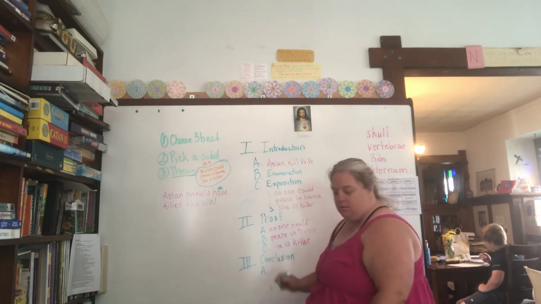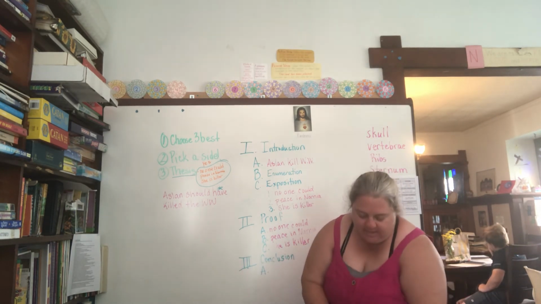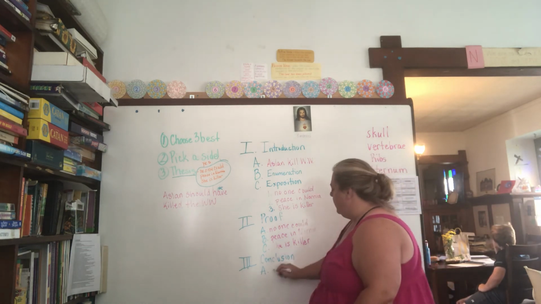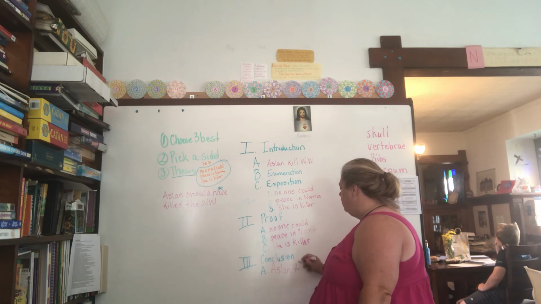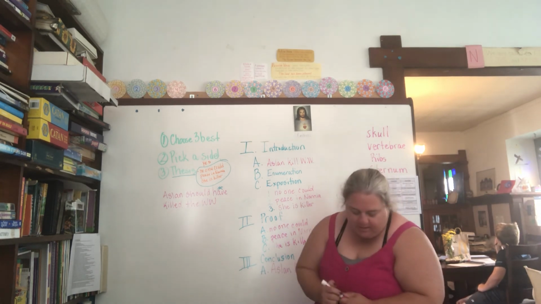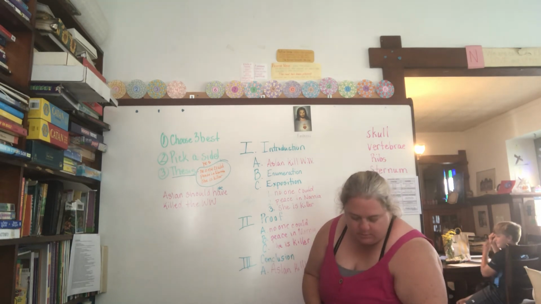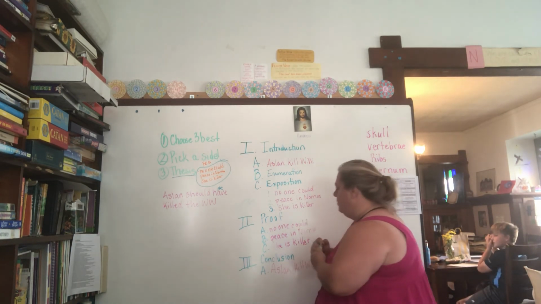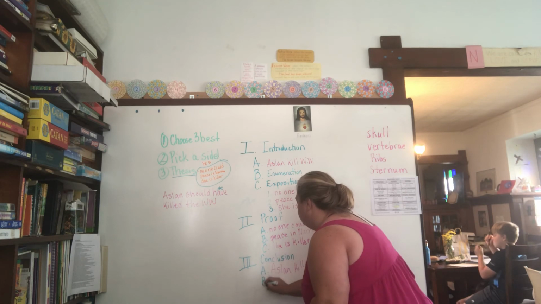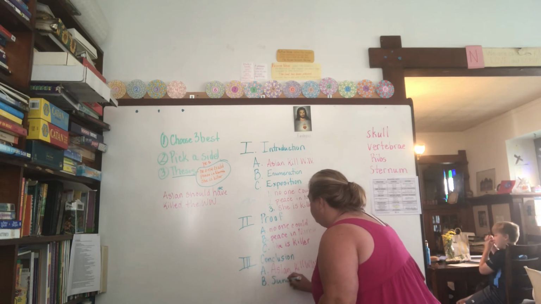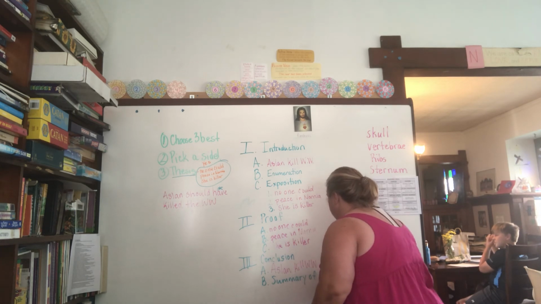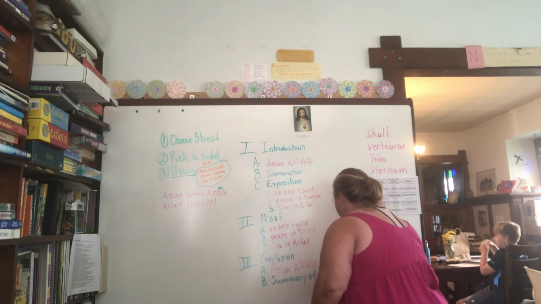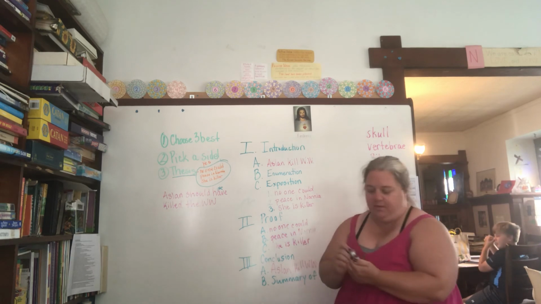The A has an asterisk and says thesis, Aslan, kill, White Witch. And what's B, Andrew? Summary of proof. Okay. Summary of proof is what I write next to the B. And then I'm kind of running out of room, and I doubt you'll even be able to see it.